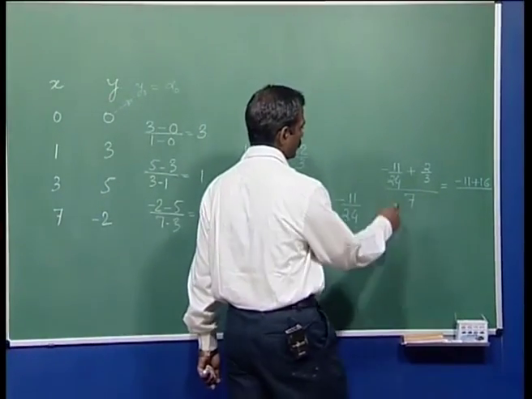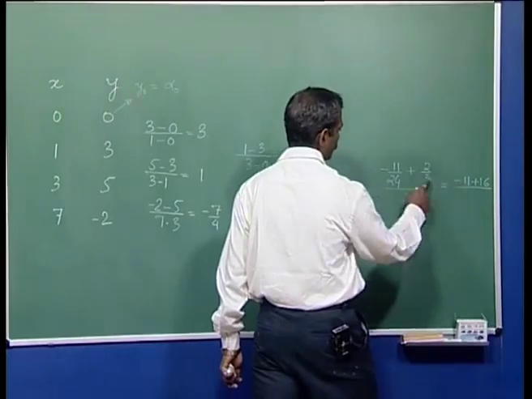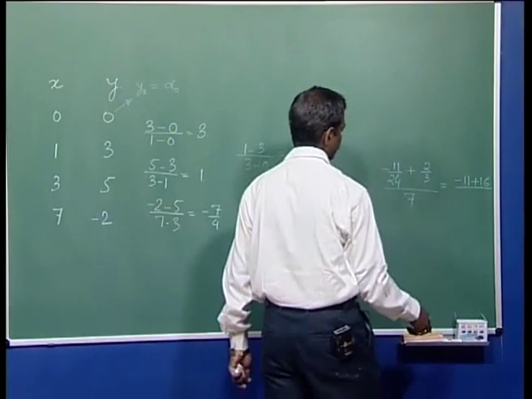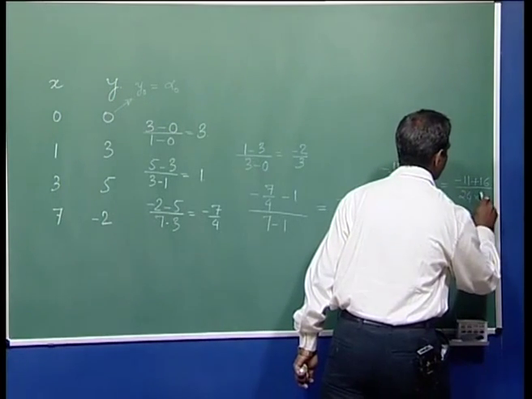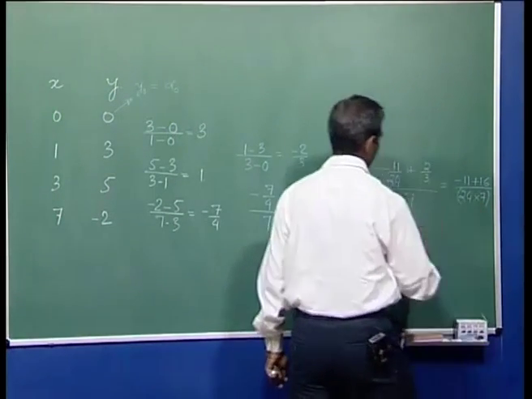This turns out to be minus 11 plus 16 over 24 times 7.